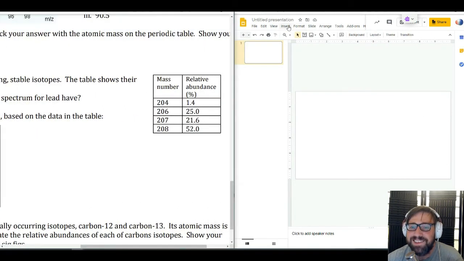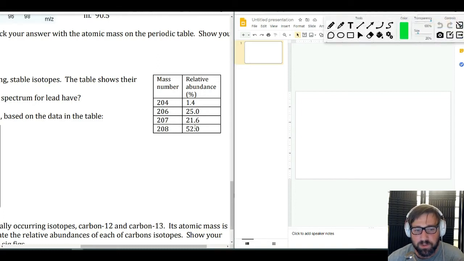Okay. So if I wanted to draw this thing, I would have a mass number of 204, and this would be 1.4 tall, so just a tiny little thing. And then 206 is going to be further away. If I wanted to actually write 205, I could put it there. And this is going to be 25 tall.